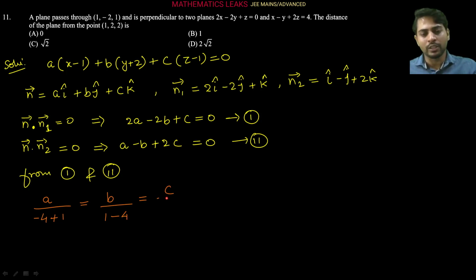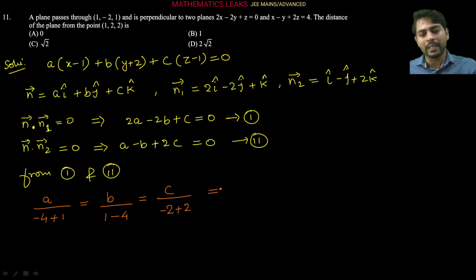Similarly, C upon, forgetting the C terms, the coefficient of A in the first equation with the coefficient of B in the second equation, so 2 into minus 1, which is minus 2 only, and now the minus sign. The coefficient of A in the second equation with the coefficient of B in the first equation, so 1 into minus 2, minus 2, so minus minus is plus 2.